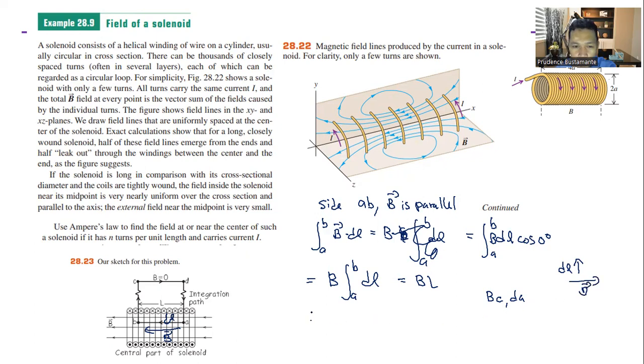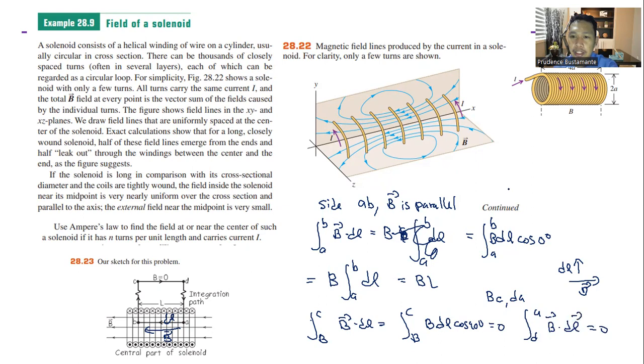Therefore, the integral from B to C of B dot dl is equal to the integral of B dl cosine of 90 degrees, which is equal to 0. Also for the integral from D to A, B dot dl is equal to 0 because they are perpendicular.